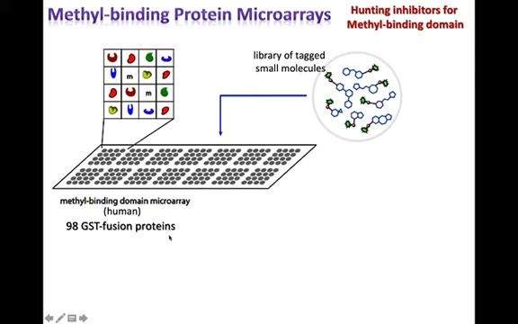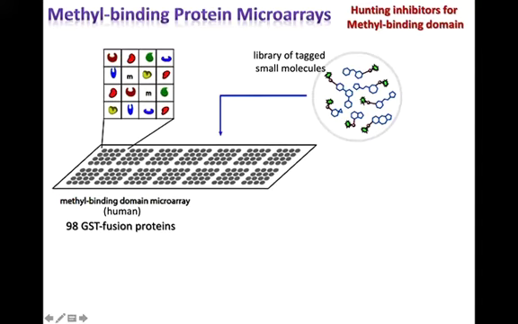What are they? Of course, as I said before, the Tudor domain binds to methyl lysine. But it's not only the Tudor domain. There are a lot of domains that can bind. Of course, you know that a domain is considered to be a part of the protein, not a subunit. So with this domain, we're trying to fish around or hunt which protein can bind to our molecule of interest.